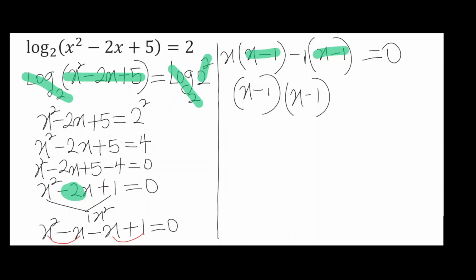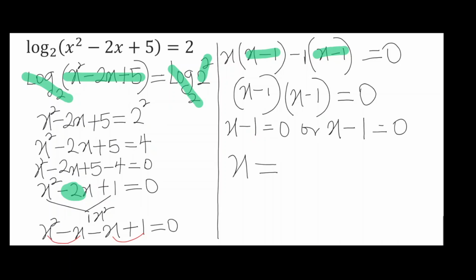So equals 0. So it's easy to see that we have either x minus 1 equals 0 or x minus 1 again equals 0. So our final answer is x equals 1. And at the same time, x from the right-hand side equals 1. So x equals 1 twice.